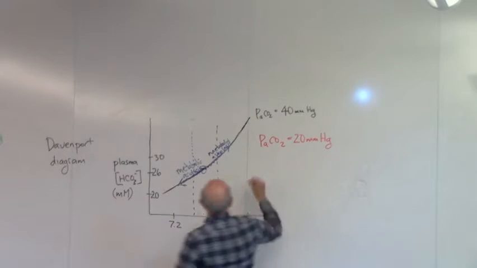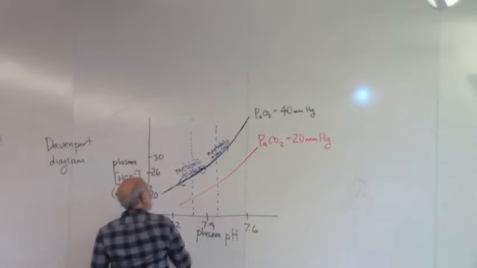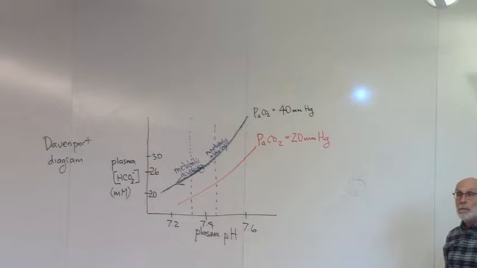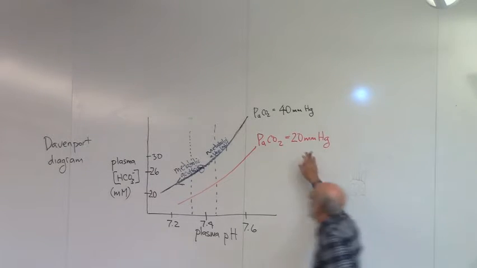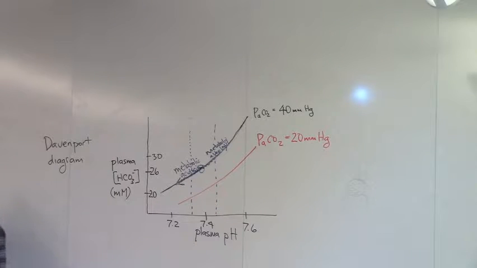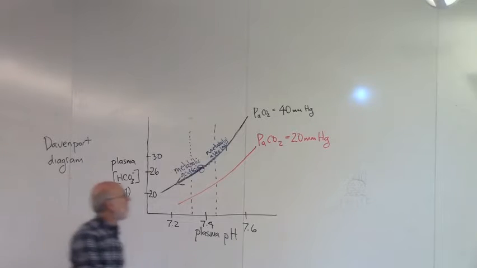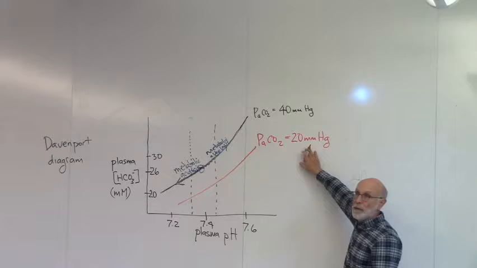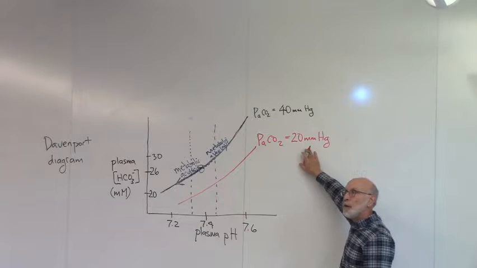It's a curve. It's basically a curve that's parallel to the initial curve. It's the Henderson-Hasselbalch equation, plugging in 20 here instead of 40. It's the same equation, everything's the same, except that now we're at a PaCO2 of 20.